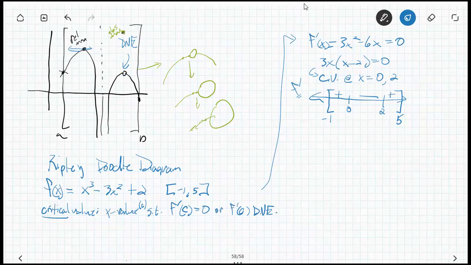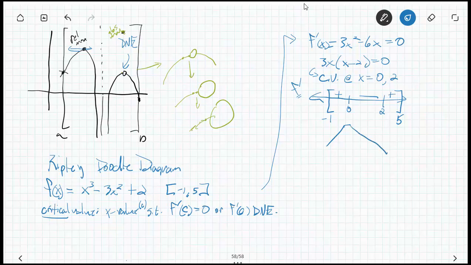You see what we're getting at? This is really important, and it's also super helpful. I will elaborate further on this in the next section, but for now, just know that when you have this Ripley-Doodle diagram, if the first derivative is positive, my function goes up. I had a critical value at x equals 0. That was when the first derivative equaled 0, so it's got to level off. From 0 to 2, the first derivative is negative.